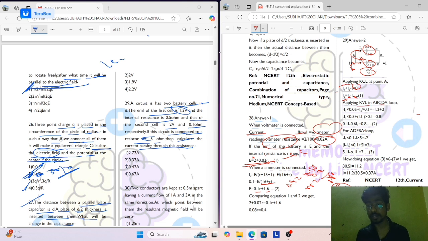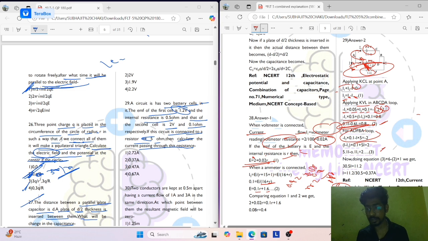Now put all the values here. KVL at ABCDA, right? I1 into 0.05, I2 into 0.01, and 1.2 minus 2. This is because this is anti-clockwise, this is clockwise. Now if we apply this, you will get one equation. In the second loop you will get another equation.